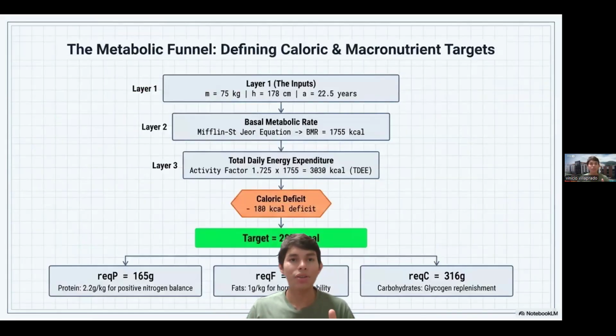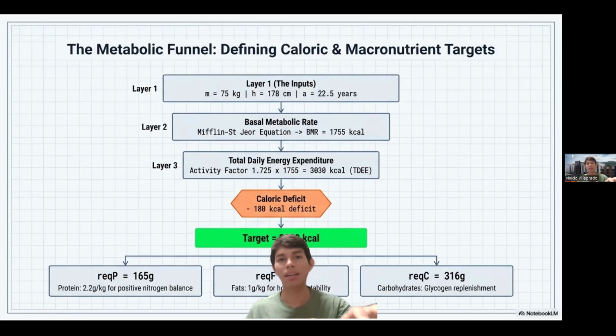Well, for this, I use my basal metabolic rate and my total daily energy expenditure. What is it? It's basically how many calories my body consumes when I'm at rest.